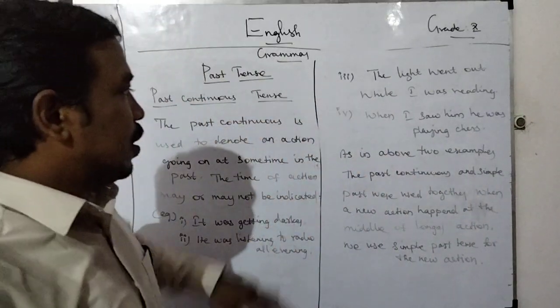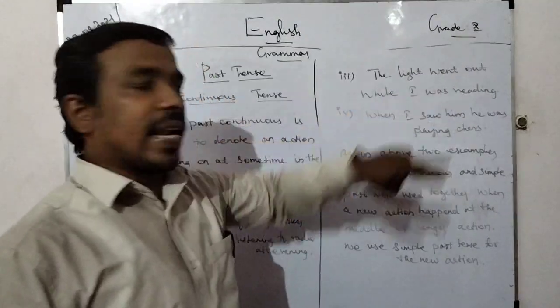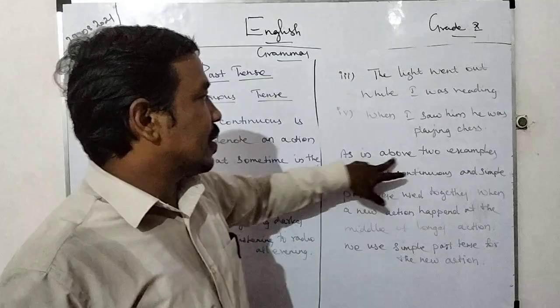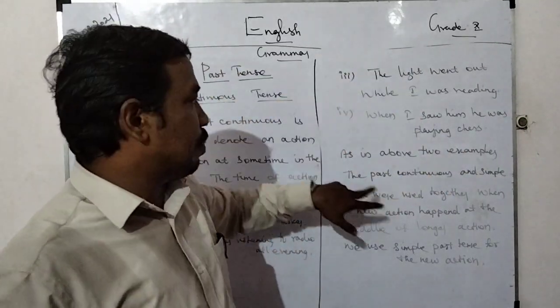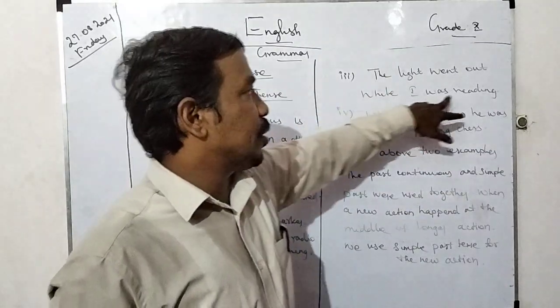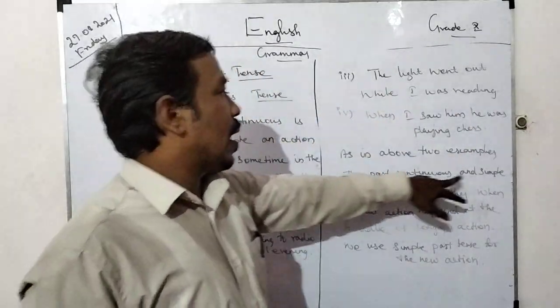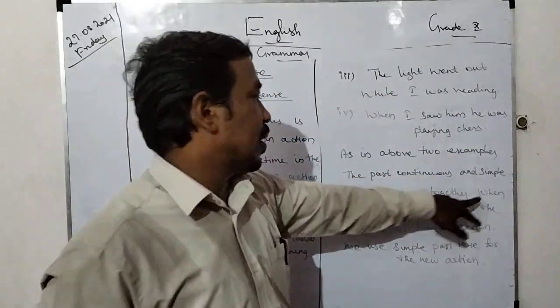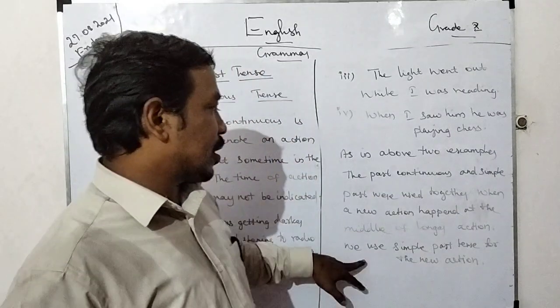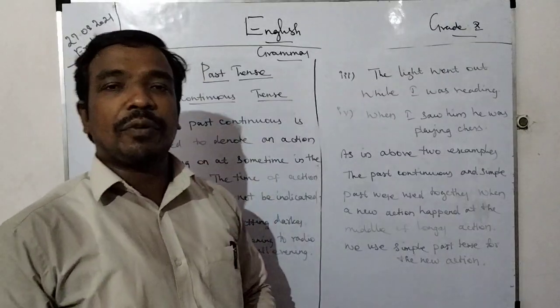Listen students, this is very important. The light went out while I was reading. When I saw him, he was playing chess. As in these two examples, the past continuous, I was reading, and the simple past were used together when a new action happened in the middle of the longer action. We use the simple past for the new action.